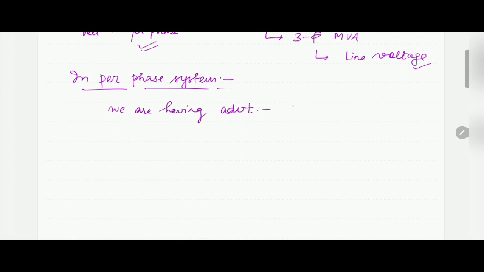Advantages like, from converting the values in line to phase, we don't have to consider the √3 factor for calculation of per unit quantities.